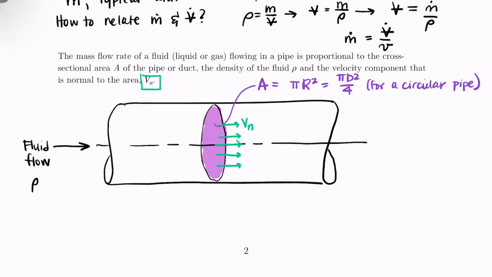For example, if our area was like this and our velocity was like this, then our normal component would look like this. And then we'd of course have a tangential component, VT. Does that make sense?